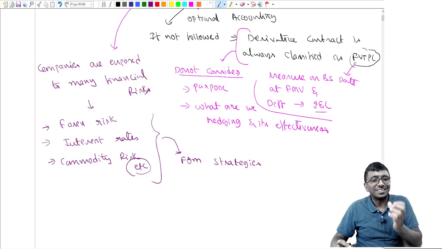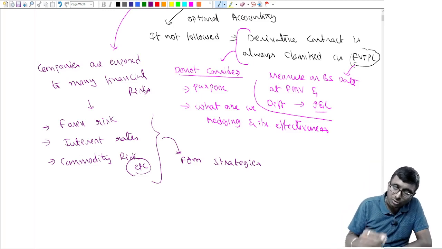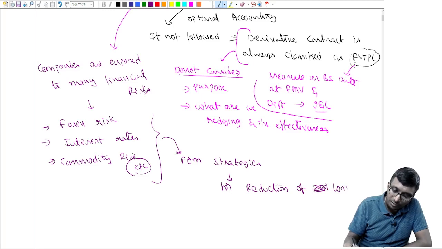At least it is going to limit the losses. These strategies are for the reduction of losses. It is not for gaining profits, it is for reduction of losses, or elimination. I can say reduction or elimination.